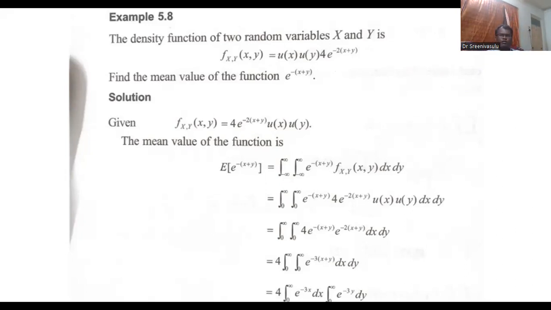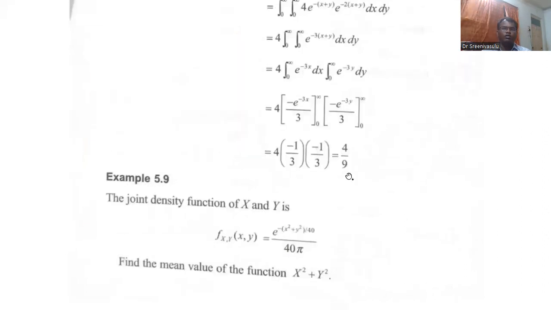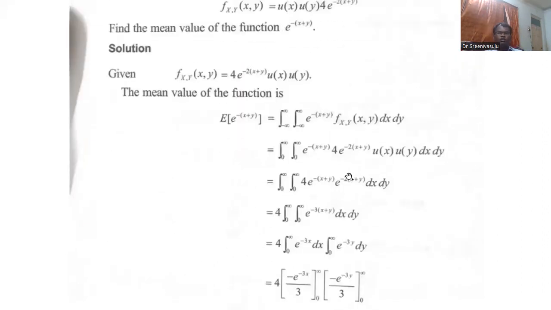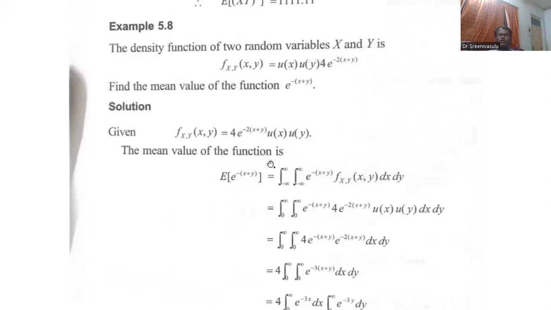Find the mean value of the function e^(-(x + y)).